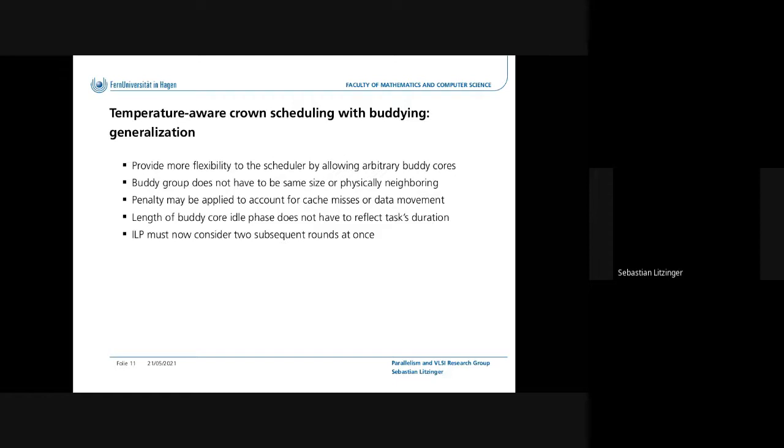But that would then be up to the scheduler to decide. And the same goes for the length of the idle phase the buddy core undergoes in rounds where it doesn't execute a hot task. That you can also leave to the scheduler, and maybe you will in the end find better solutions. So we also implemented an ILP for these 2 generalizations.